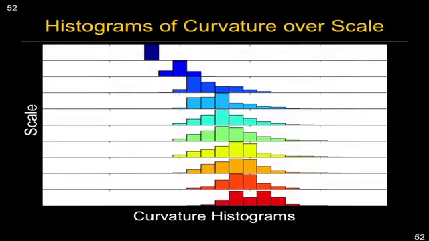Then at every scale, we construct a histogram of all these different curvatures. This gives us a two-dimensional histogram over scale and amount of curvature. And then we can compare two leaves by just comparing these histograms, and if the histograms of curvature are very similar, then the leaves are very similar.